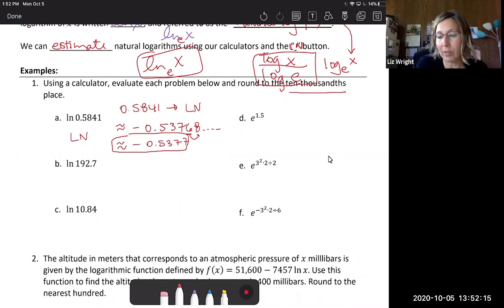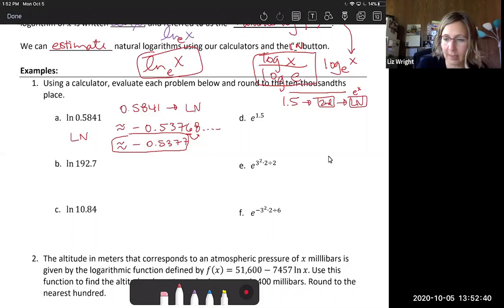So I would hit 1.5 and then the second button and then the natural log button. Because when I hit the second button, I'm asking for the other menu above the natural log button, which is e to the x. So in mine, I'm going to do 1.5, second, and then natural log.